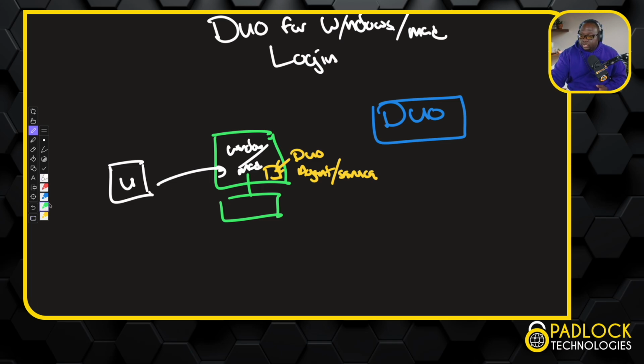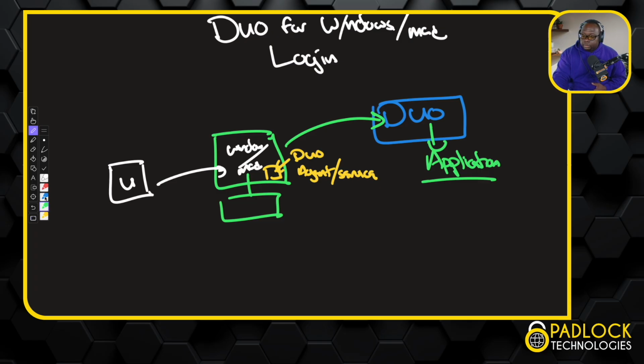So it will go to Duo. In Duo, there's an application that you have to set up first. Then it will go to the API call. Obviously, you need to set up the API, the integration key, and the secret key.